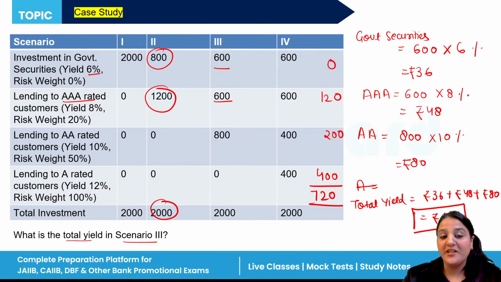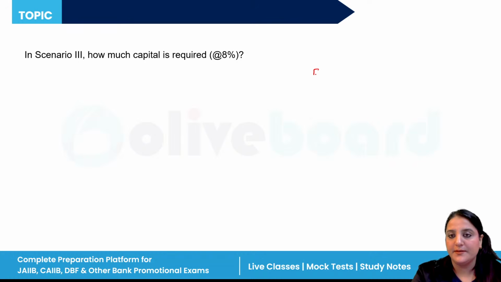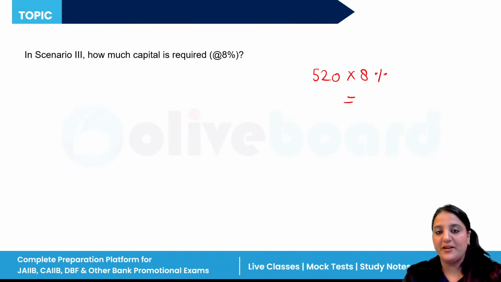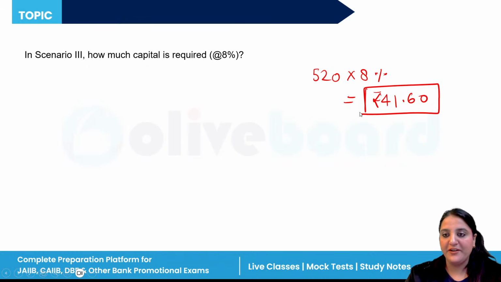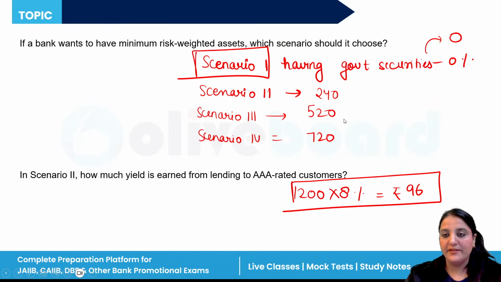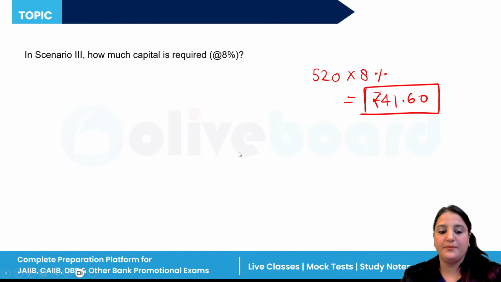See, what is the risk weight we calculated? 520. So just calculate the 8% of 520. What is the 8% of this 520? That is equal to rupees 41.60. So this is the answer. 520 we calculated and the 8% of this is rupees 41.60. Is that clear? Now the next question.